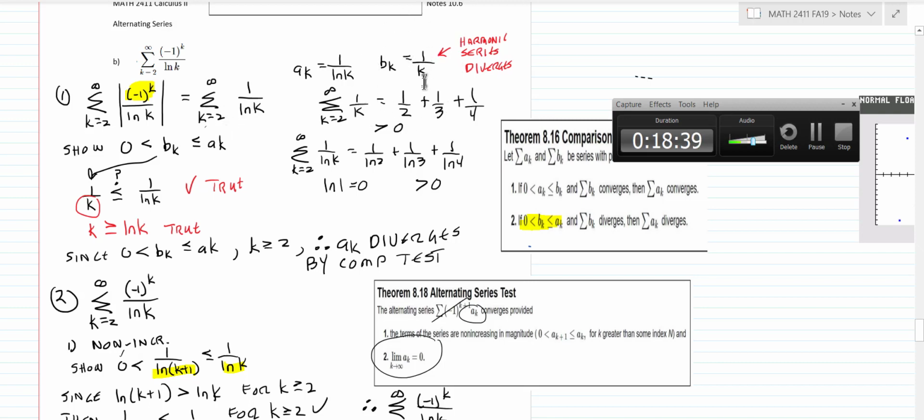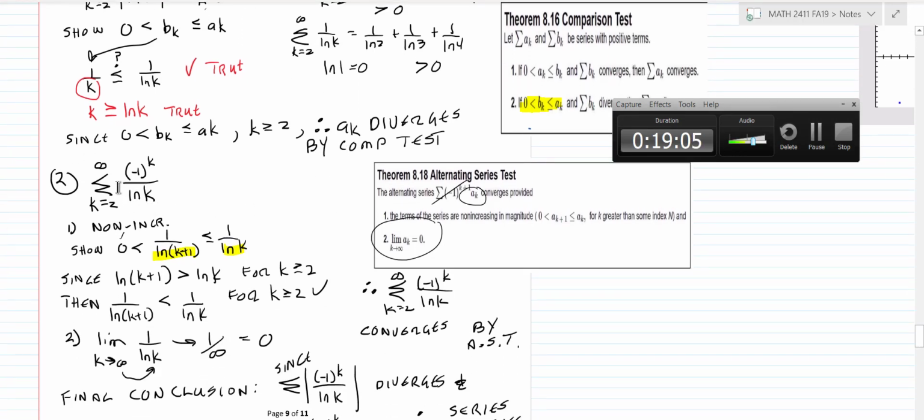In this case, I chose a divergent harmonic series. So it really was enough to show this inequality, and showing this inequality is just, okay, this is a bigger denominator, and since that's a bigger denominator than that is, then it's true. So that is enough to explain that this series of the absolute values would diverge.